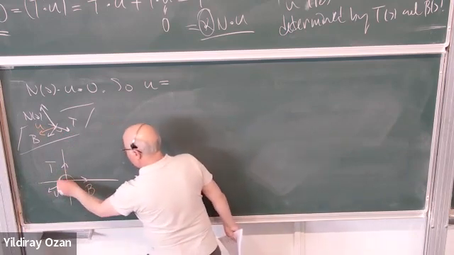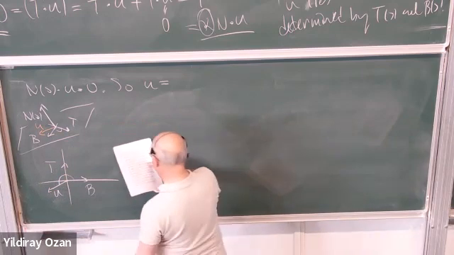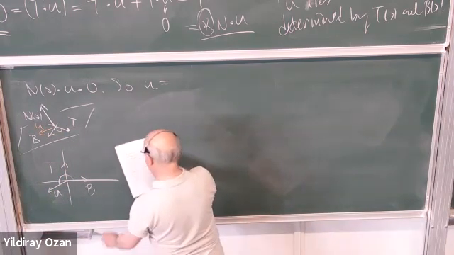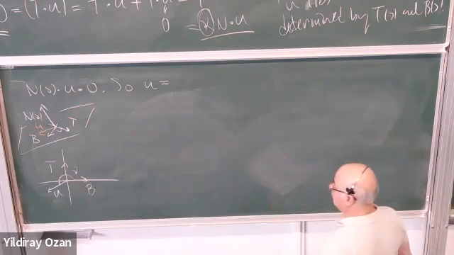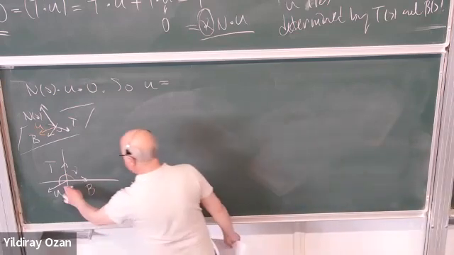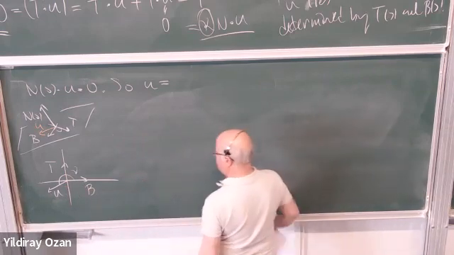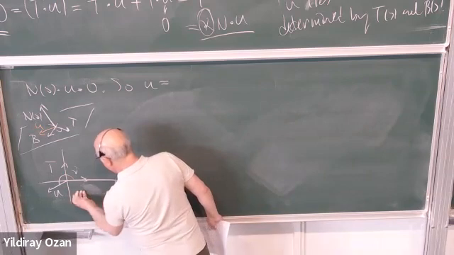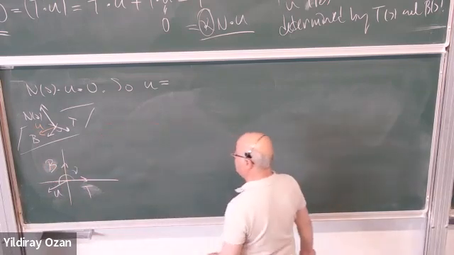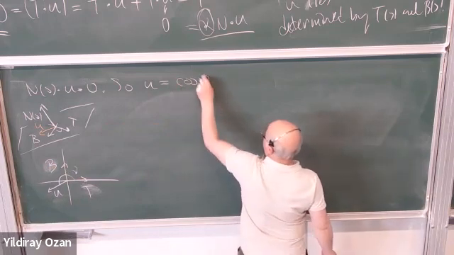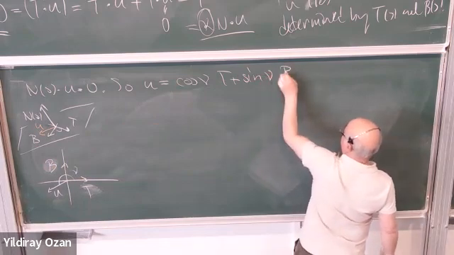So we look at this angle, whatever that is. Let's say it is V. Then U is just cosine V times T plus sine V times B.